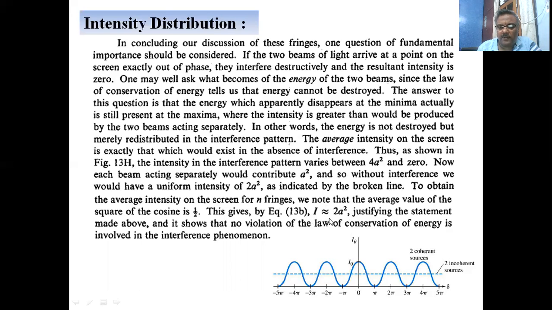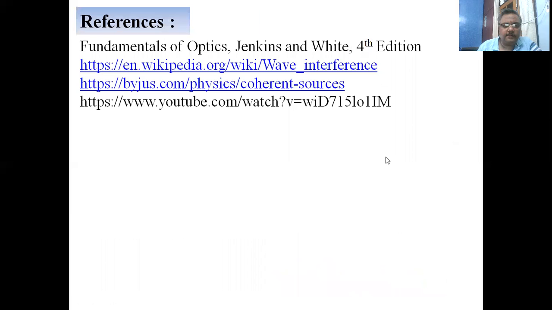And when the intensity is transferred from minima to maxima, the intensity of the maxima is doubled, which becomes 4a square, because the intensity of the minima will be 0. So the average is still 2a square. For maxima, the intensity is 4a square and the minima is 0.